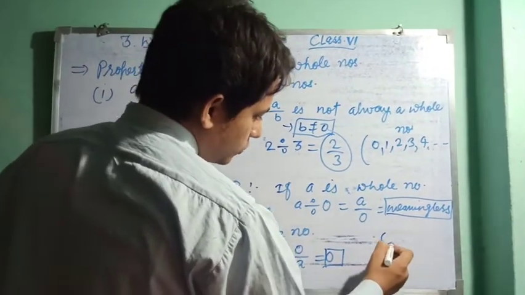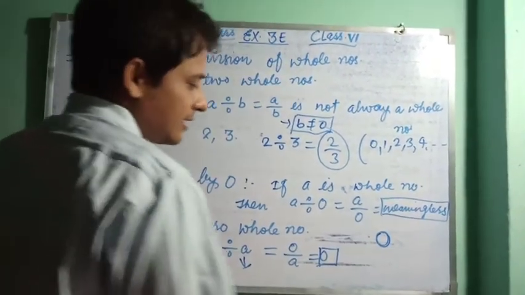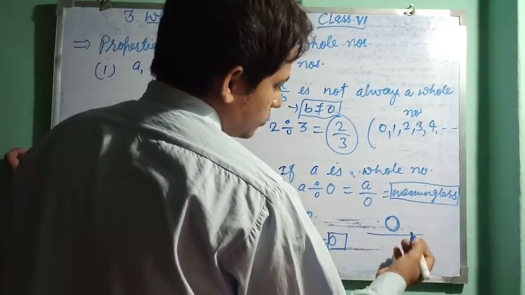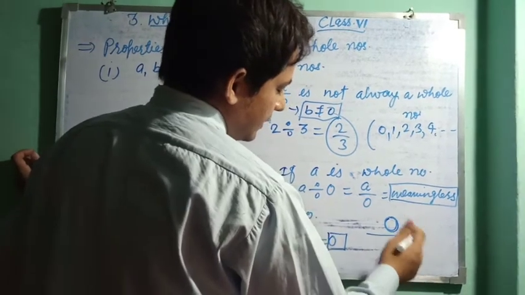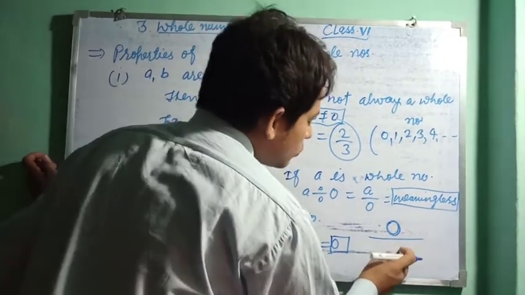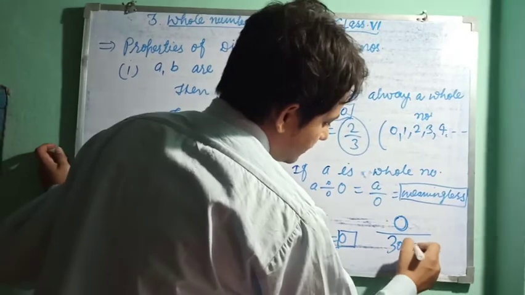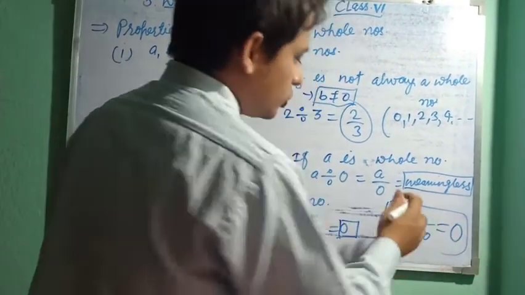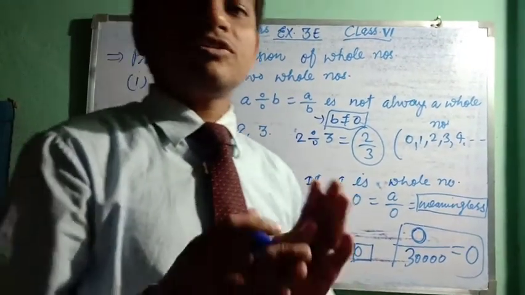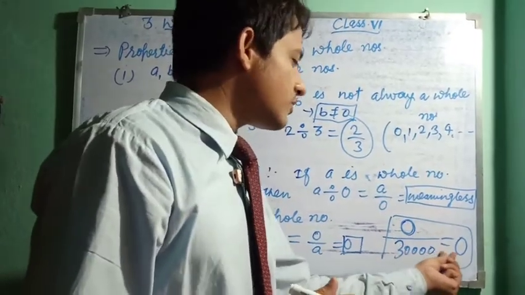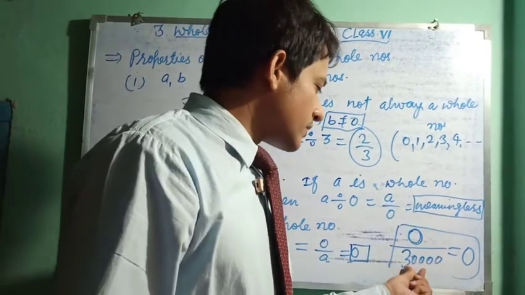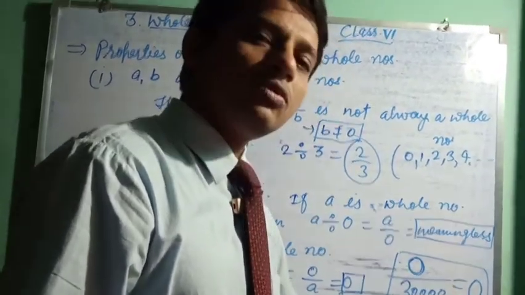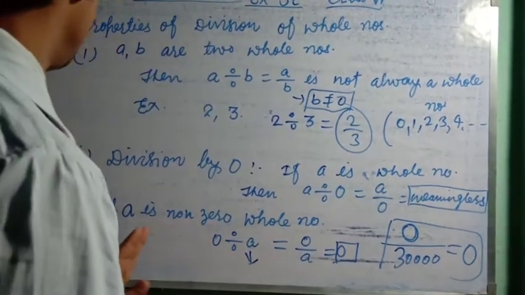That means with 0 as the numerator, anything could be the denominator, like millions, billions, trillions, whatever, and this will give us 0. Remember, 0 by anything is equal to 0 in mathematics. 0 by 1 million is equal to 0. 0 by 1 billion trillion is always 0. I hope you understand.